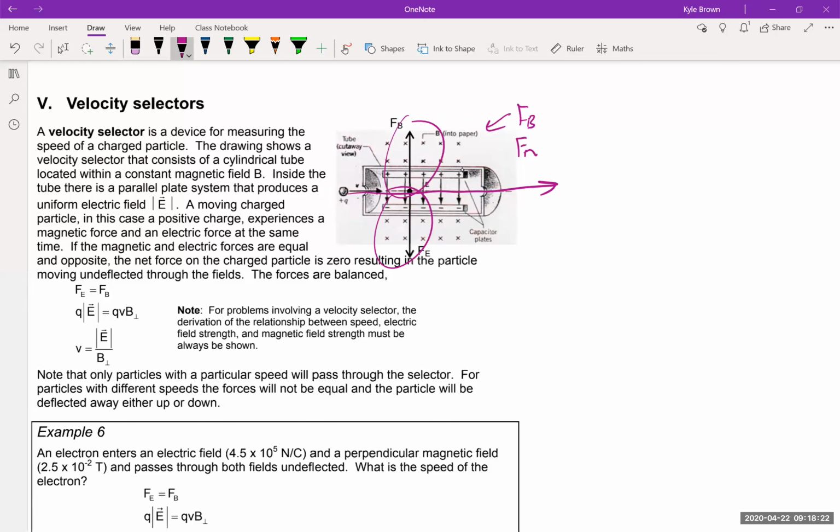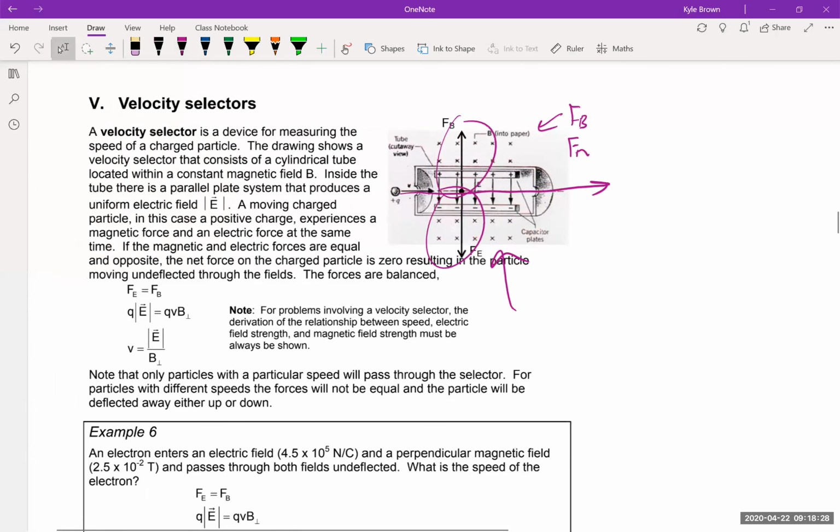If those two forces are balanced, we can do something with that. Once I know those particles are coming out the other side, I can say that Fe is equal to Fb. Our forces are equal. Let's say I know what the charge is, I know what the electric field strength is, and I know what the magnetic field strength is because I set the experiment up.